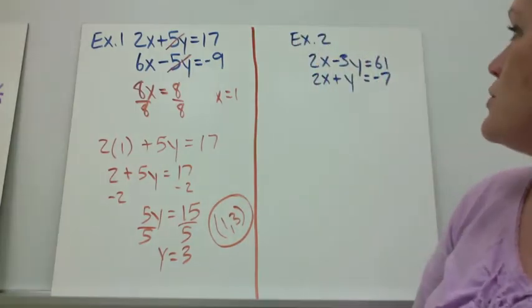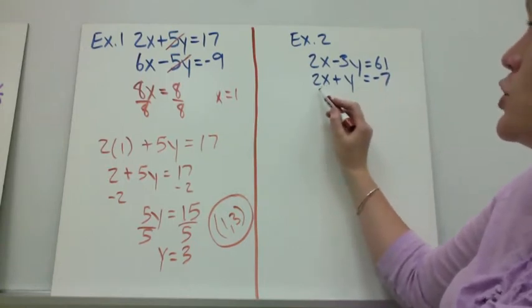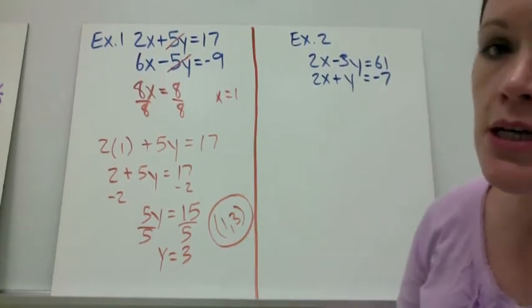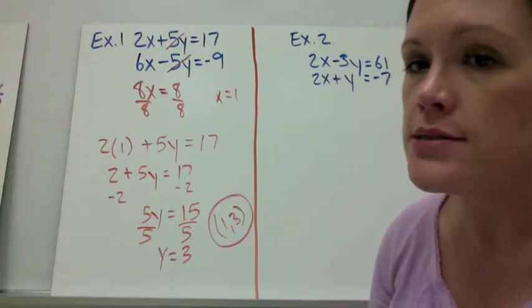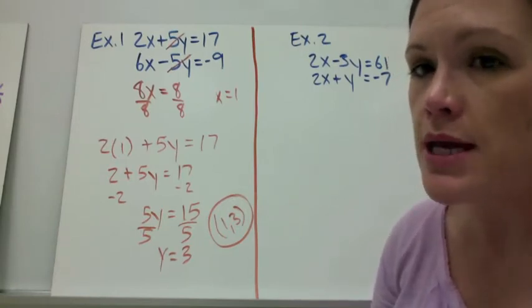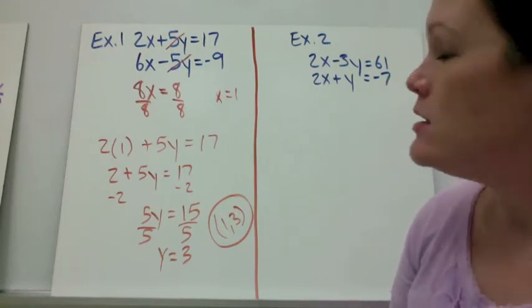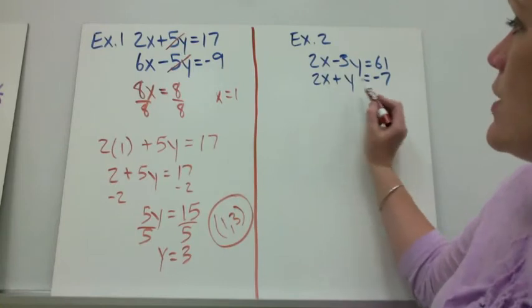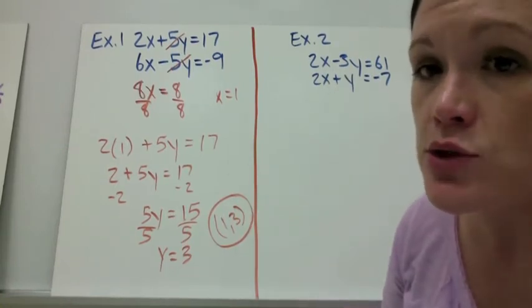Let's look at example 2. We have 2x minus 3y equals 61 and 2x plus y equals negative 7. See the 2x above another 2x is almost going to eliminate, but one needs to be negative and one needs to be positive. So you could multiply either equation by negative 1 to make one of these 2x's become negative 2x.